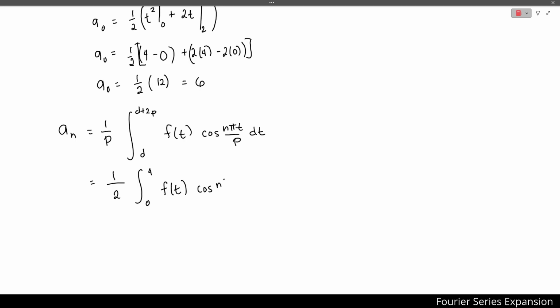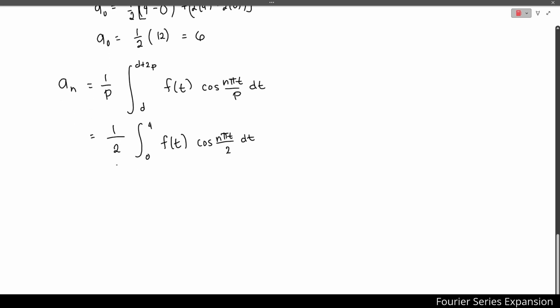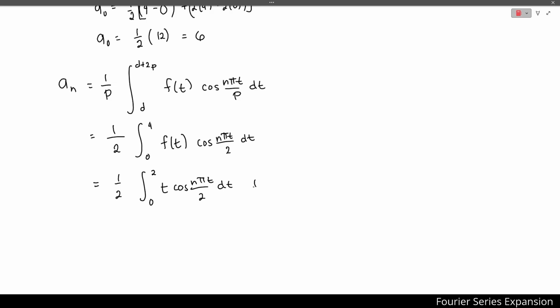Cosine n pi t over p, where p is 2. This will become equal to 1 half integral from 0 to 2 of t cosine n pi t over 2 plus integral from 2 to 4 of 2 cosine n pi t over 2.